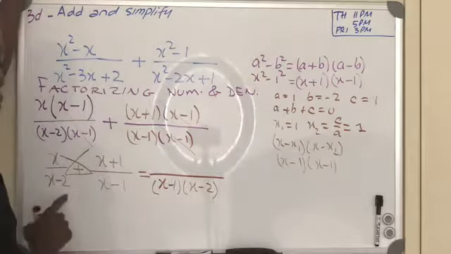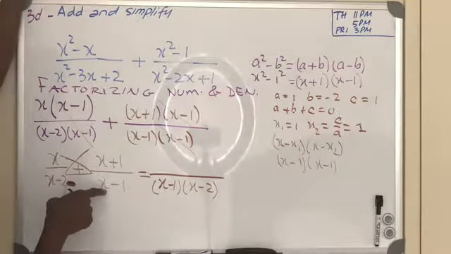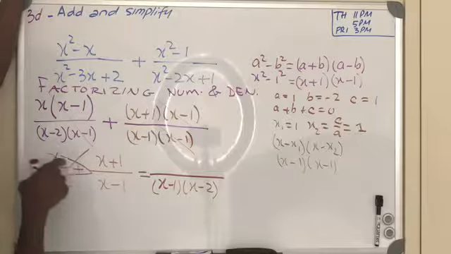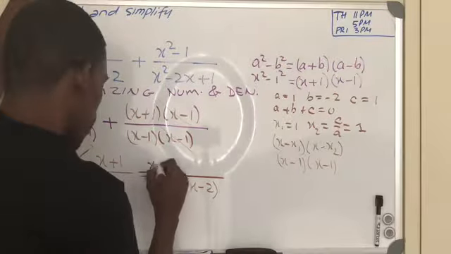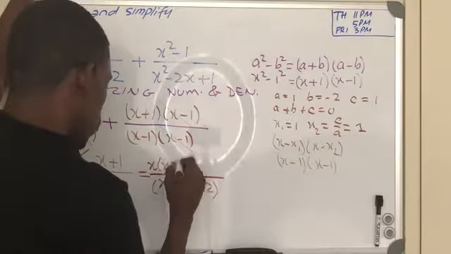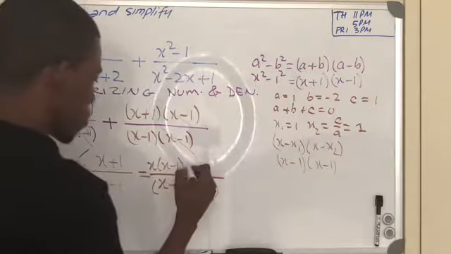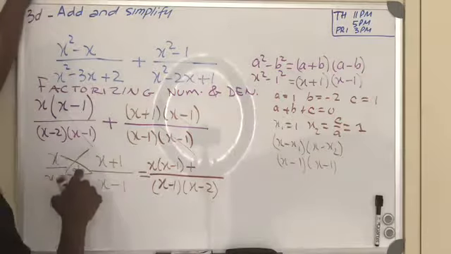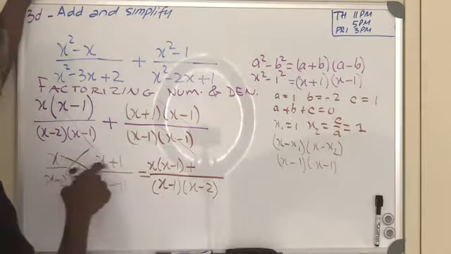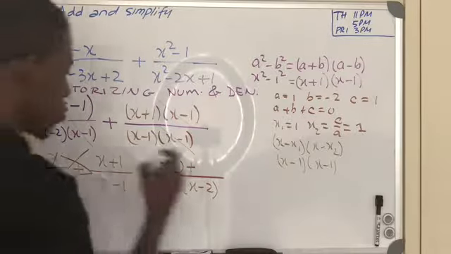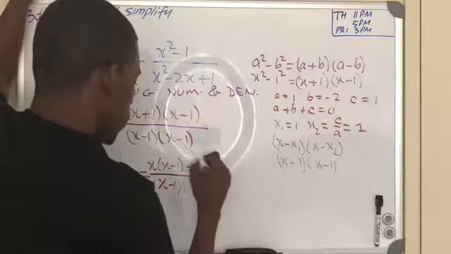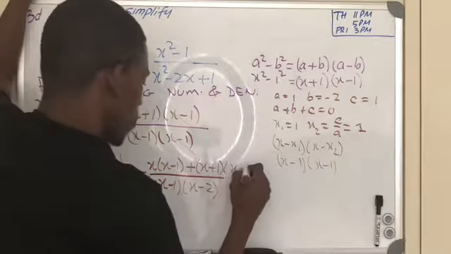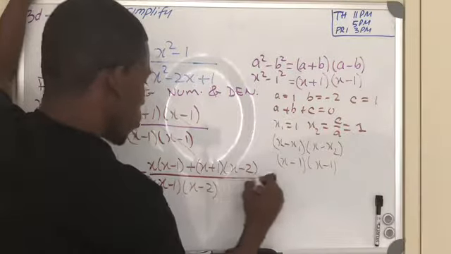Now for the numerator, I'm multiplying these two, that's x times x minus 1, plus, I'm multiplying these two: x plus 1 times x minus 2. There you go.